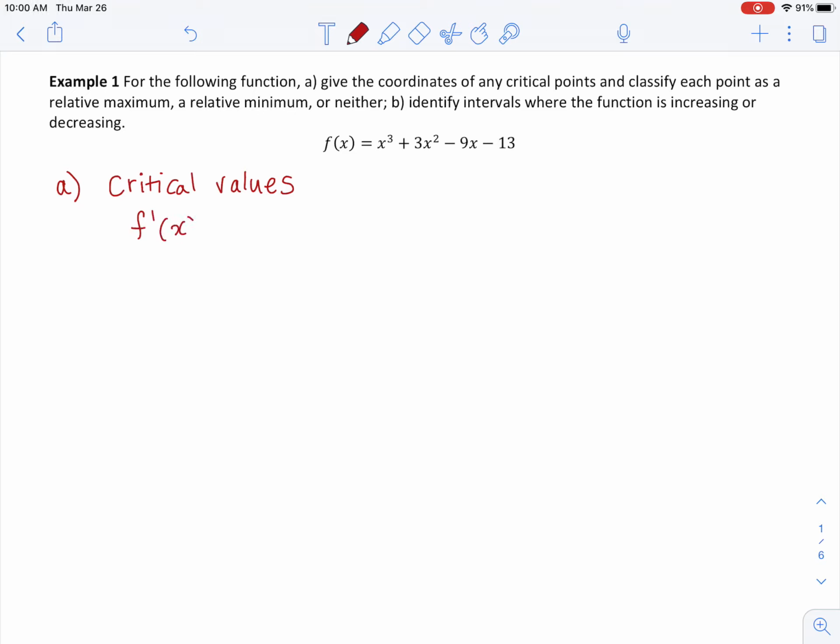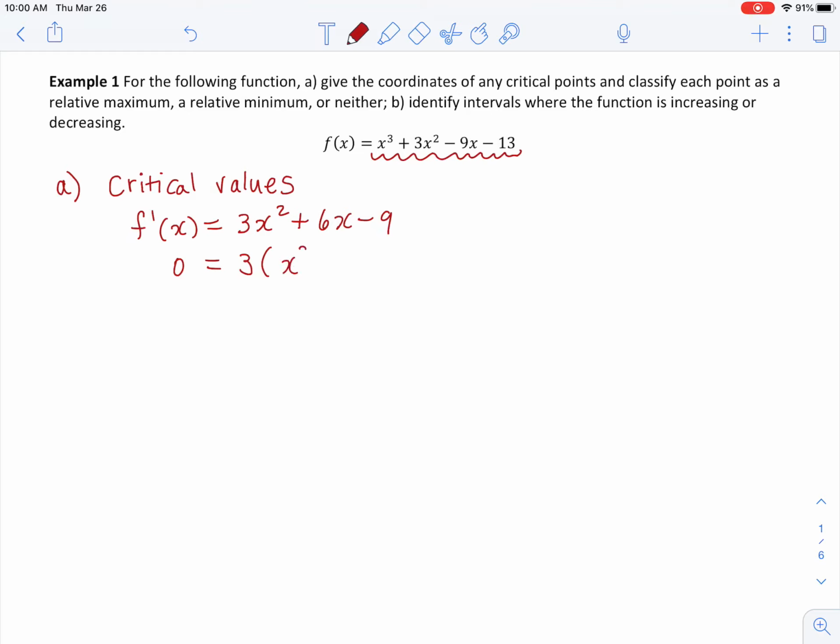So f prime of x is, let's take the derivative of this polynomial, okay? 3x squared plus 6x minus 9, right? Now let's set it equal to 0. I noticed that 3, 6, and 9 are all divisible by 3, so let's factor out the 3.